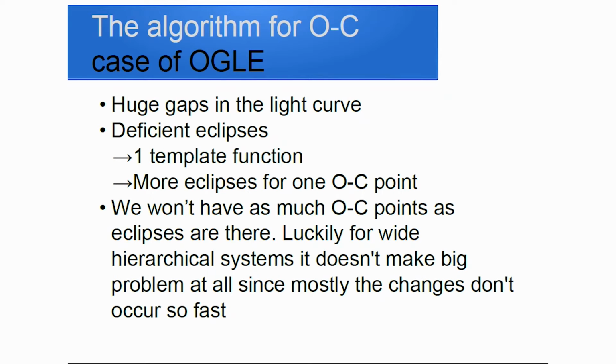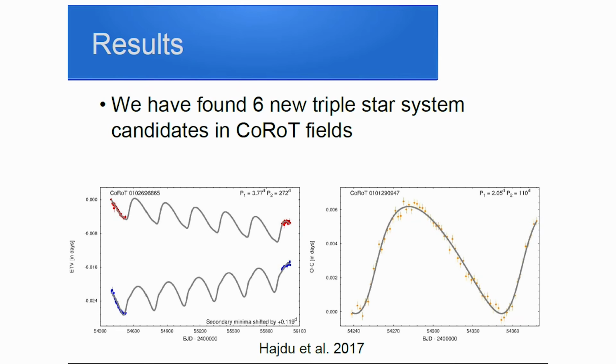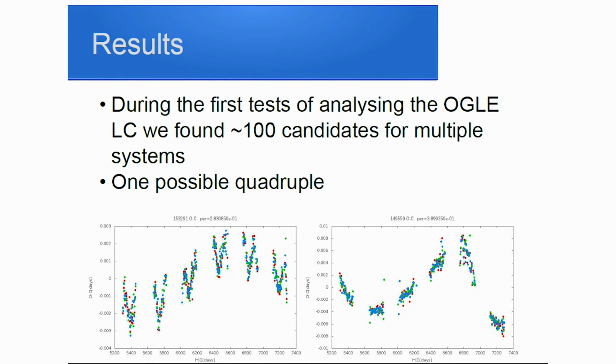wide hierarchical triple star systems. So in the Kepler fields, we found 6 new triple star systems, which were already published in the Royal Astronomical Society this year, and we tested our new program with the OGLE light curves, and we already found around 100 multiple systems.